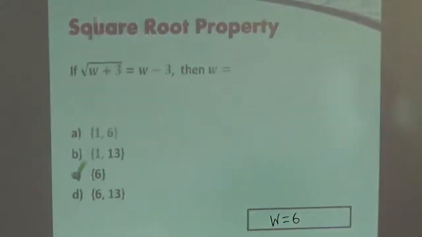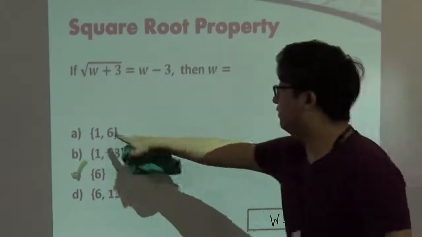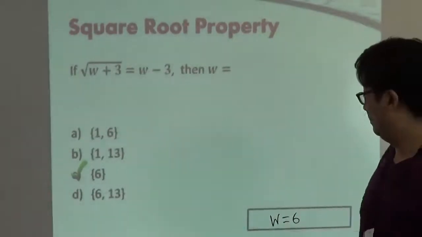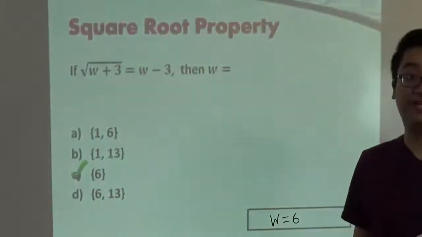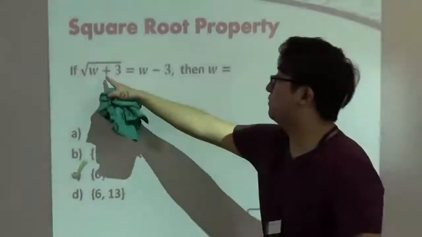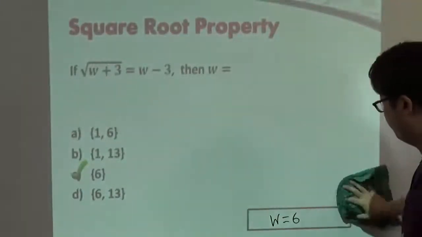Okay, so the answer is just 6. So be careful, right? Even though 1 and 6 are both answers from the arithmetic, you always want to double check what you have as answers. Even though you have two, plug them back in and see if they work or not. Okay?